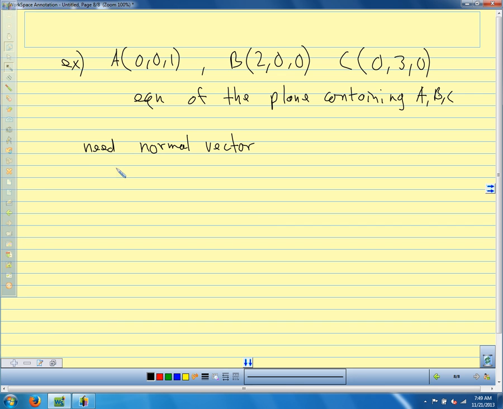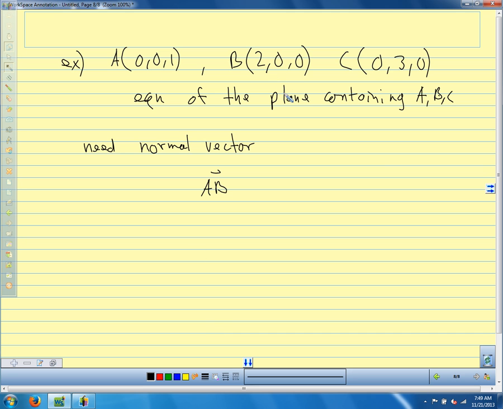So how are we going to find a normal vector from these 3 points? Jacob says the cross product. So what are we going to form the cross product with? We have 3 points. Can't we make a vector AB from 2 of those points?